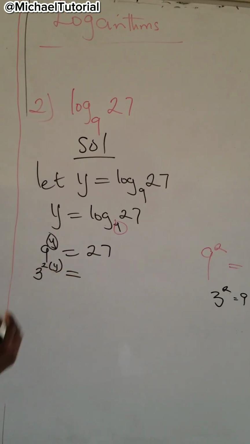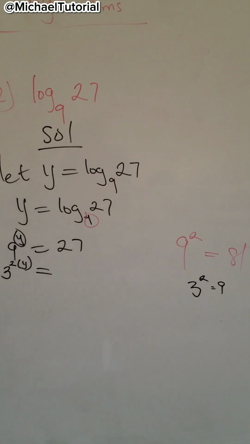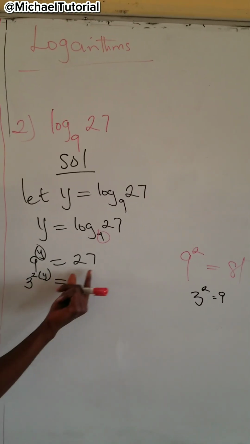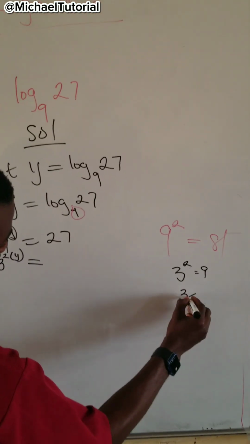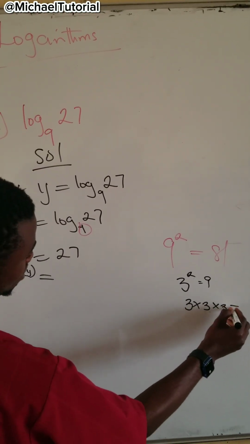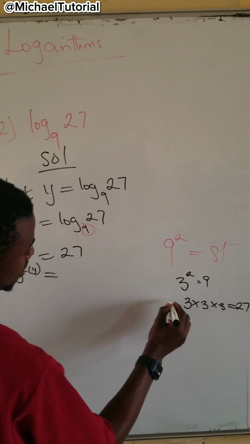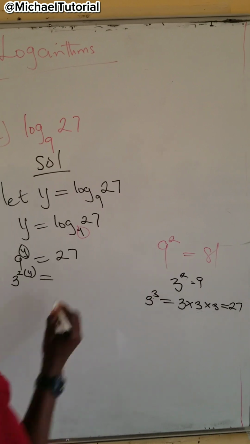Now this is equal to 27. Is there any number that if 3 is raised to it, it will give us 27? Let us try it. 3 times 3 will give us 9. Then 9 times 3 will give us 27. So this is 3 to the power of 3.